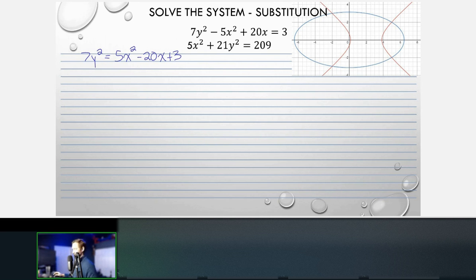All right. So far, so good. Now it might be easier to look at it this way. We have the y stuff on this side, all the x stuff and constant on this side. Now, if you look at the second equation, if we can somehow replace part or all of this term with what it equals, we will then only have x's in our newly created equation. Does everyone see that?